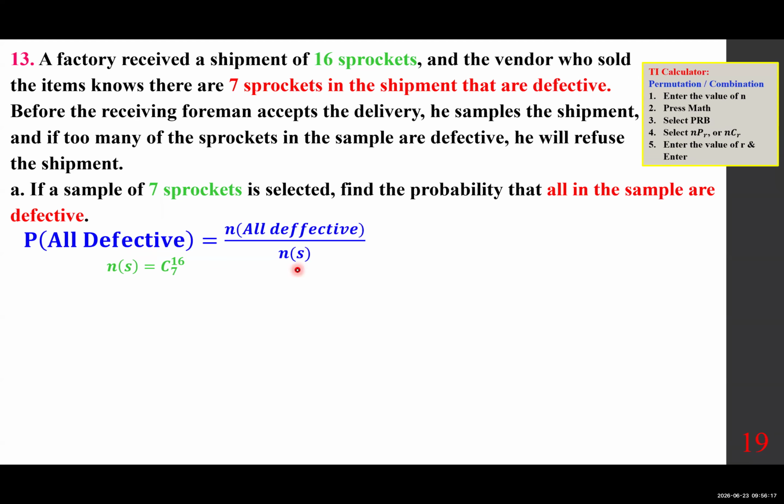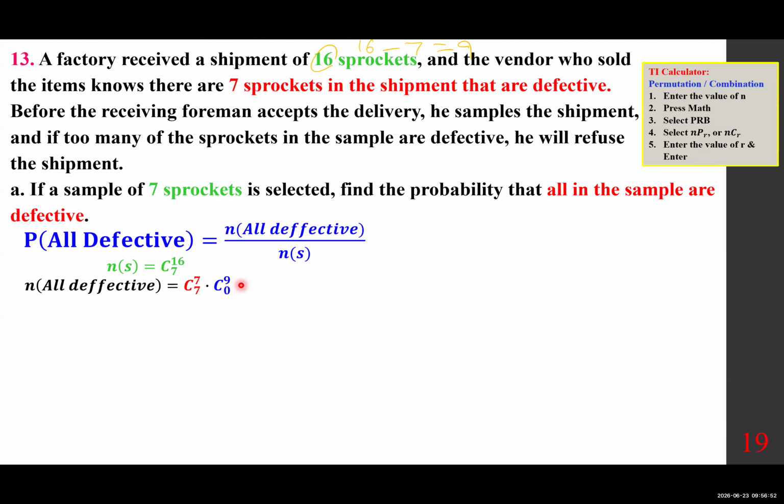Now, if they're all defective, we're going to choose 7 from 7, and then the rest from, if 7 is defective, 16 minus 7 is 9. And from 9, we're going to choose nothing, 0. So N of all defective would be C(7,7) times C(9,0). By the way, when n and r are the same, the answer is 1, and C(9,0) is also 1.